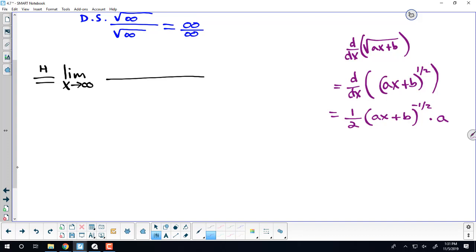The derivative of ax is a, the derivative of b is 0. So you could say it's a over 2 times the square root of ax plus b. That's the derivative of the numerator.